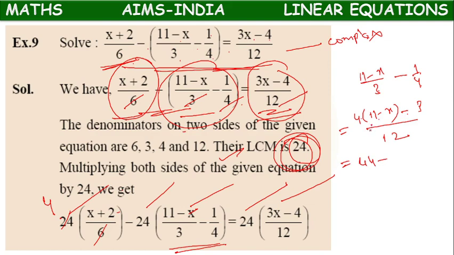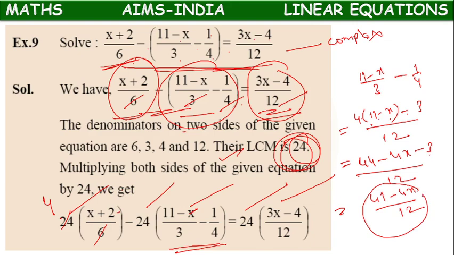or we can do it in another way. Like this we will try. 44 minus 4x minus 3 by 12, or 44 minus 3, 41 minus 4x by 12.